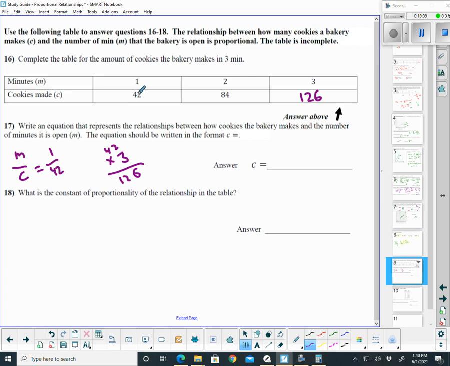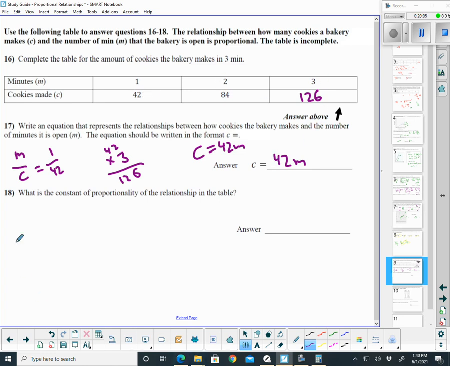I use these two numbers because they're the easiest ones to work with. So 1 times C is 1C, and that's equal to 42 times M, which is 42M. So the answer is C equals 42 times M. So it makes sense. 42 times the number of minutes. 42 times 1 is 42. 42 times 2 is 84. 42 times 3 is 126.